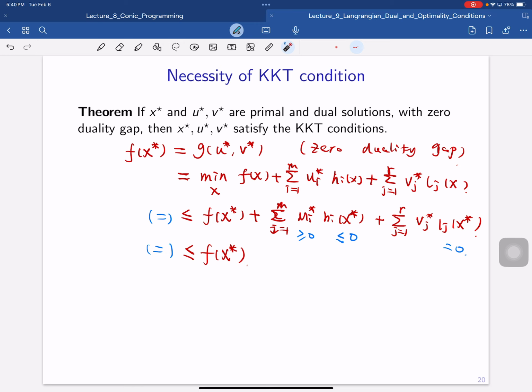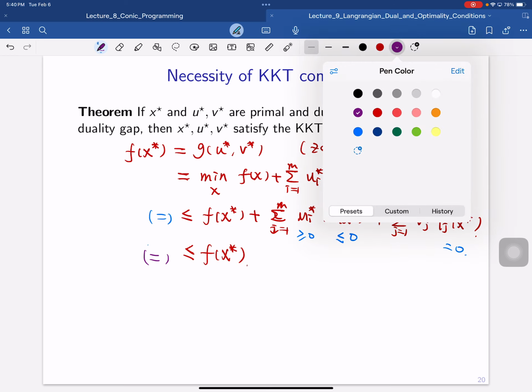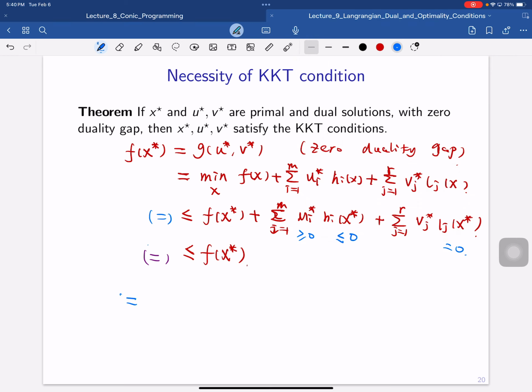Maybe let's write it down in a different color. This blue equality actually means that x star minimizes the Lagrangian function at u star and v star, which is equivalent to the gradient of the Lagrangian over x being 0.